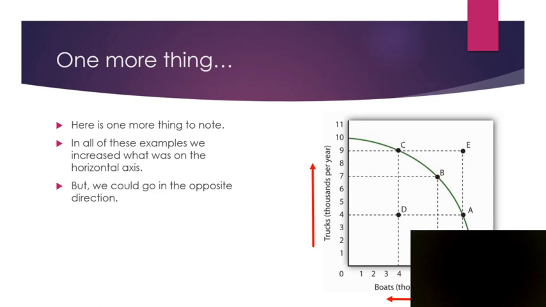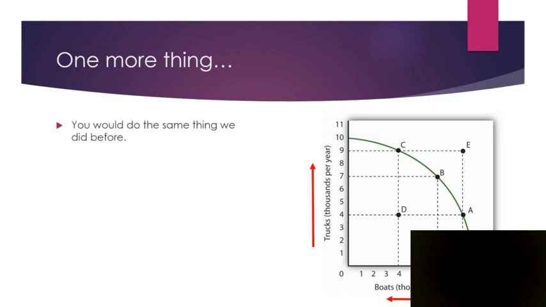Well, now I'm moving to the left. If I decrease boats, I'm going to increase trucks. Does that make it any different? The answer is no. We work it exactly the same way. So we want to produce more trucks, less boats, right? Everybody with me? You see that we're moving to the left instead of to the right.